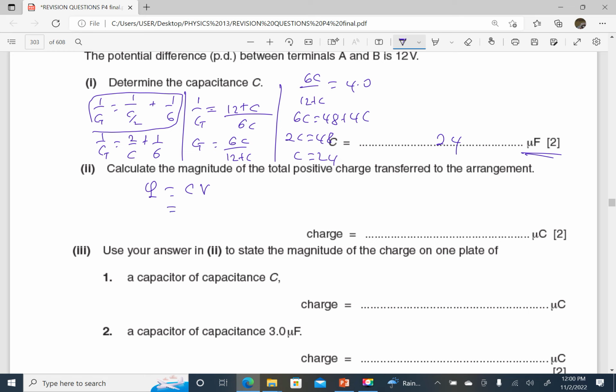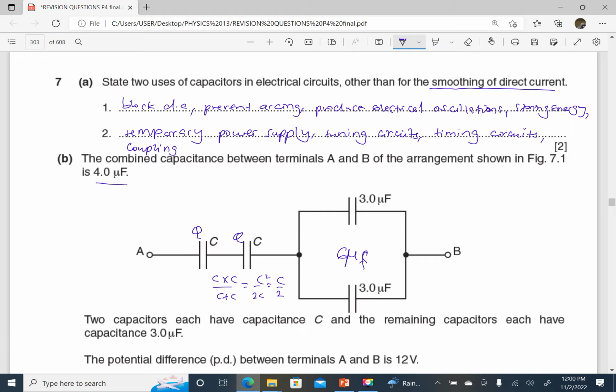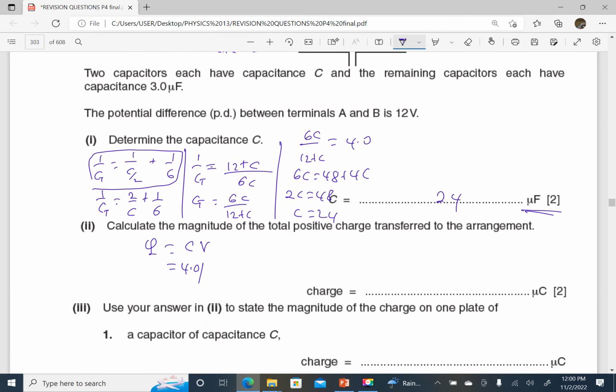So total capacitance was given as 4.0 microfarads, times the PD, which is given as 12. And this gives us 48 microcoulombs because this is volts. So this is going to be 48 microcoulombs.